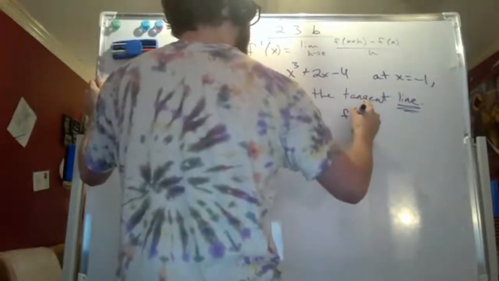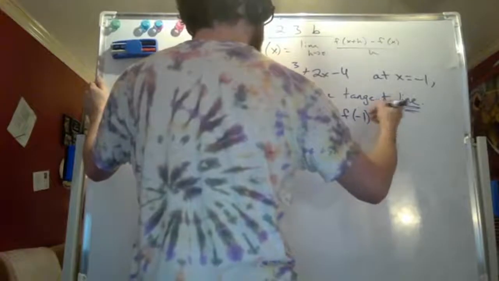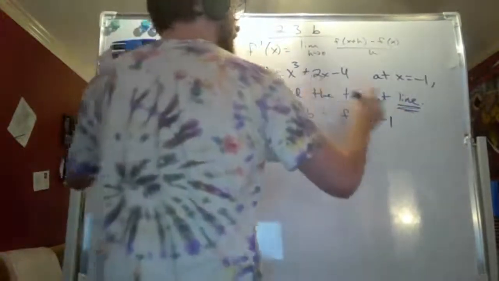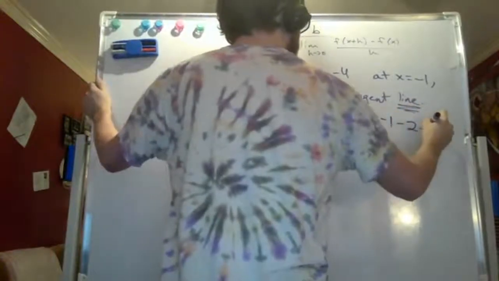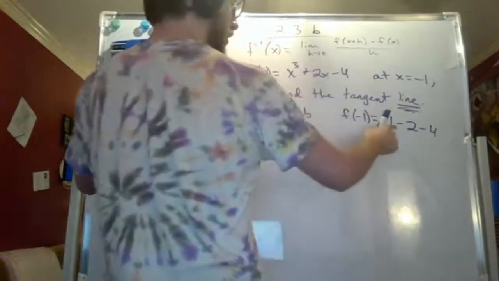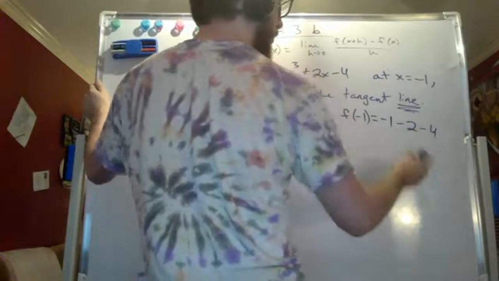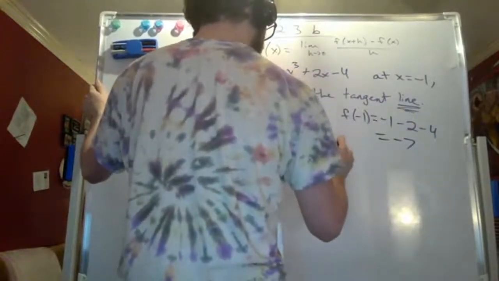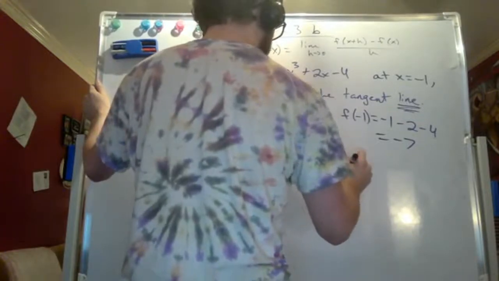Well, we're given -1, so if I plug that in for x, then I'm going to get -1 cubed, it's -1, -1 times 2, that's a -2, minus 4, that's going to give me -7. All right, so there's half the battle. I've got a coordinate now, -1, -7.